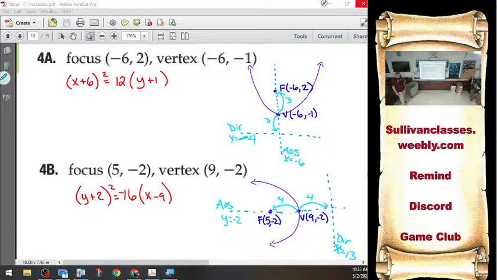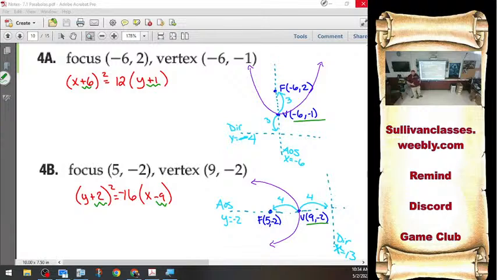Just that distance between focus and vertex gives you a lot of information. Tells you the p-value, tells you how far back to the directrix, or vice versa. If you know the directrix, then you know the focus. If you know your vertex, then you know h and k.